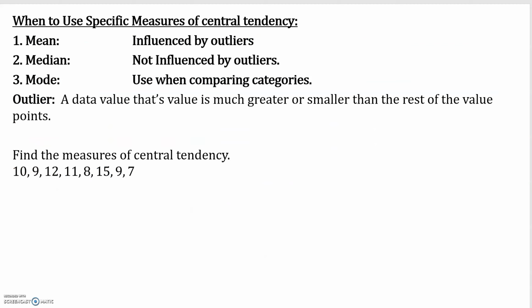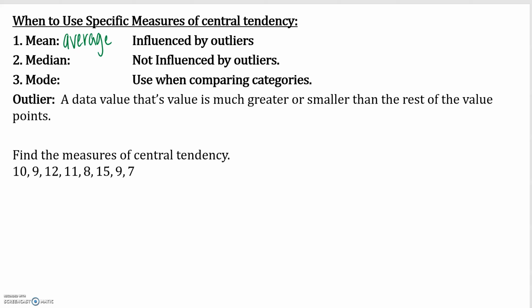Now, when to use specific measures of central tendency. So remember we said that the mean was our average. Okay, our average is affected by outliers. So remember, an outlier is a data value that is much greater or much smaller. So when we are finding the mean, since we are adding all data values together, our mean is influenced by outliers.